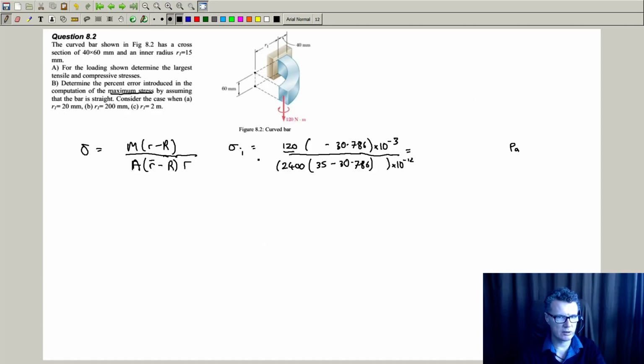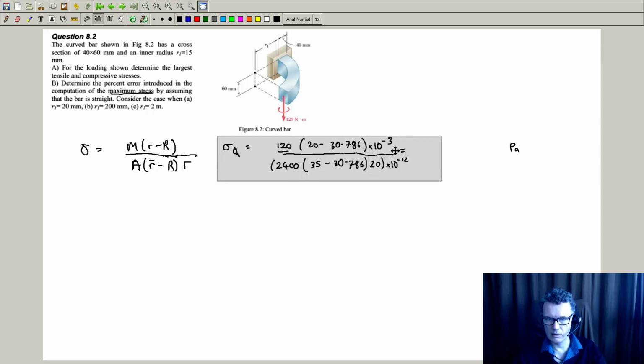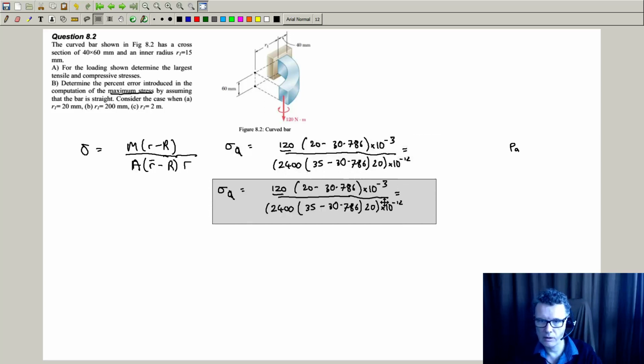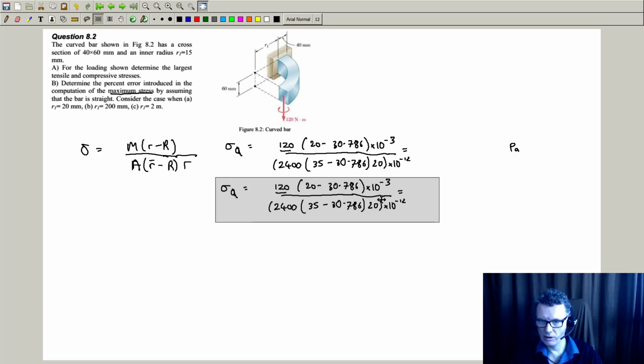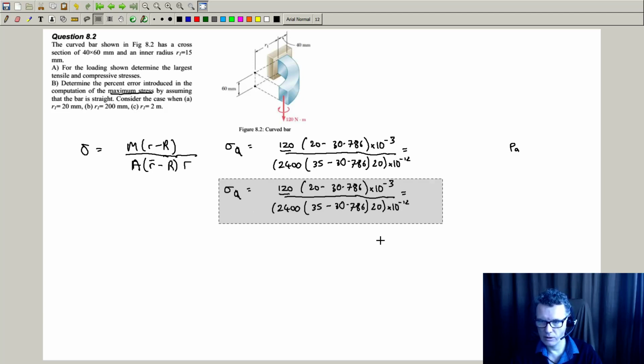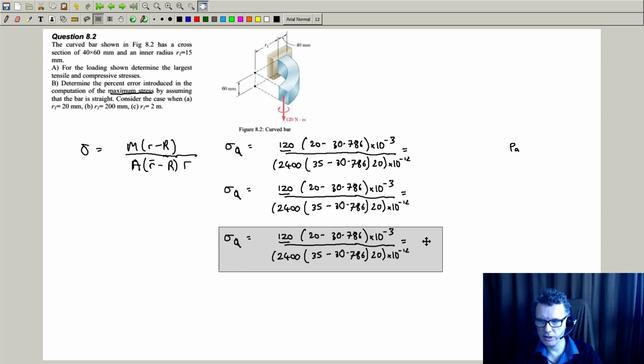So for case A, we're going to put in 20. For case B, we put in 200. And then for case C, we'll put in 2000.